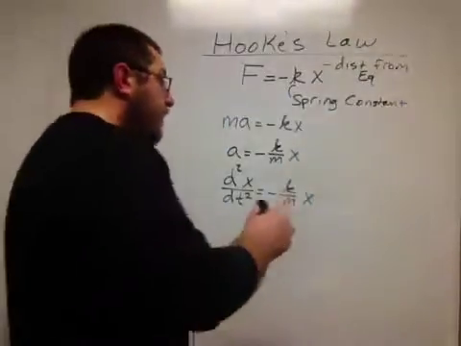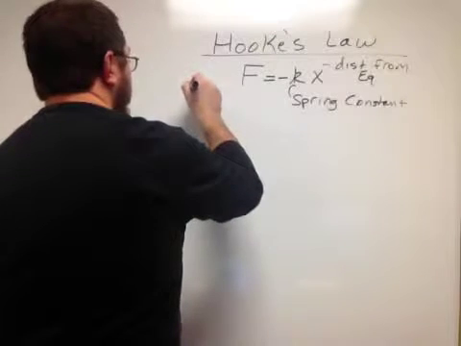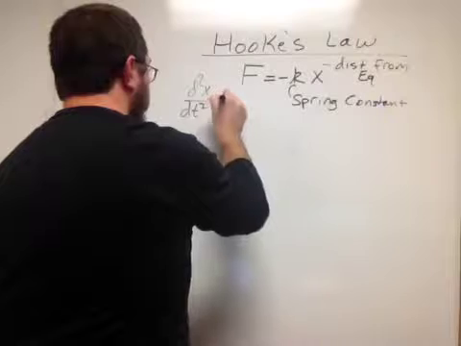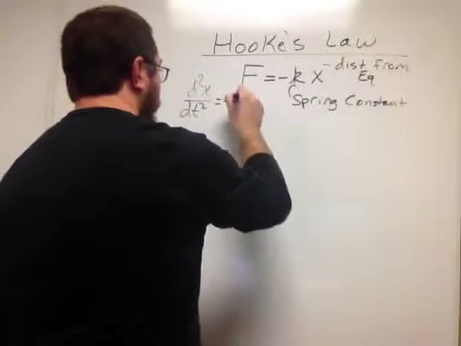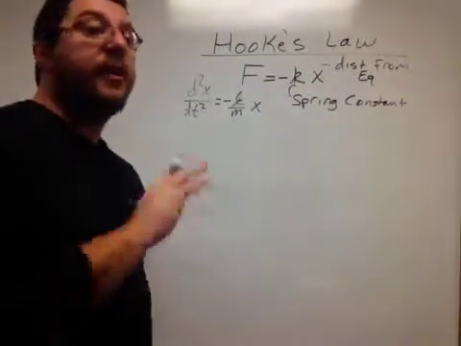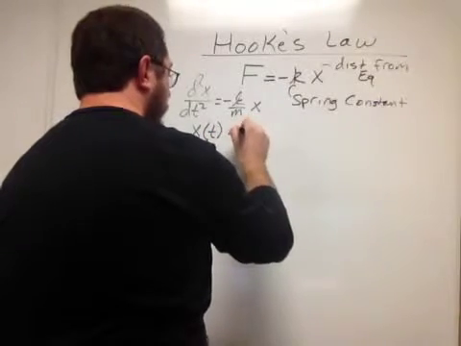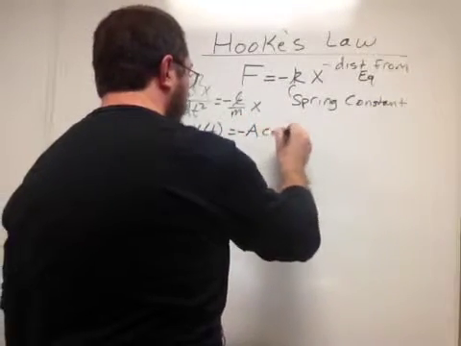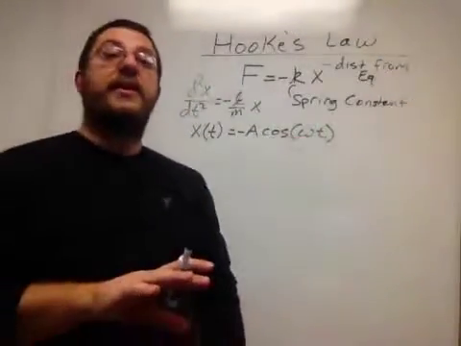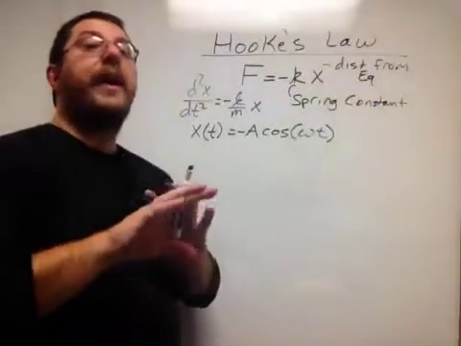So we'll prove that the solution to this equation is something of the form like this, where this w is actually an omega, all right? It's omega, and we'll show you how it comes about.